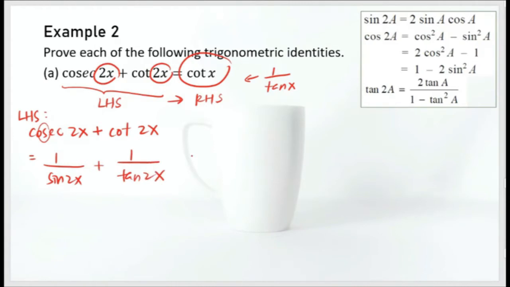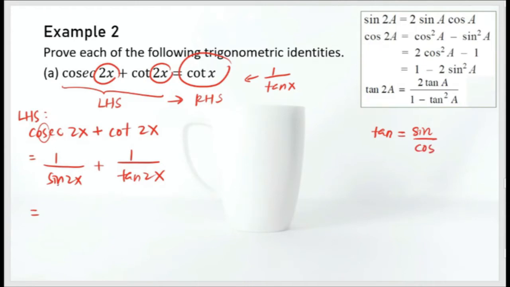What is the relation between tangent and sine? You don't substitute the formula inside first. We study first: can we simplify this expression first or not? Tangent and sine, you need to remember, we always use this. Tangent equals sine over cos, the relation.